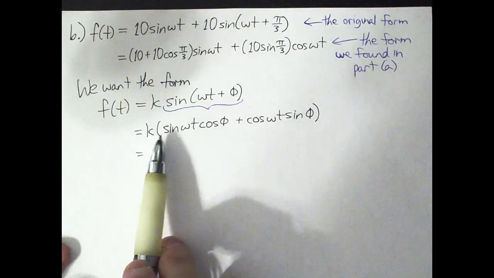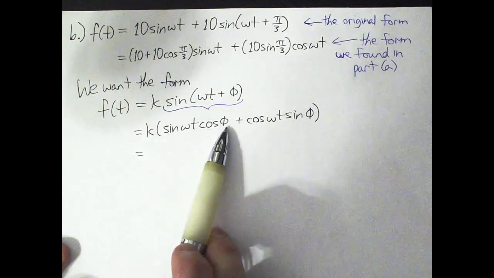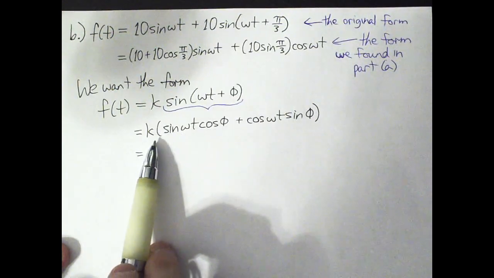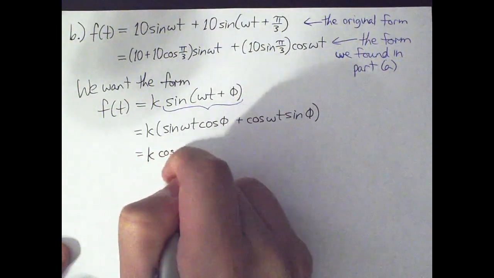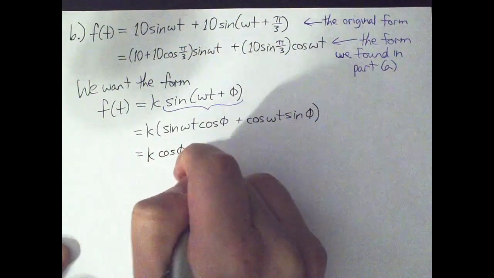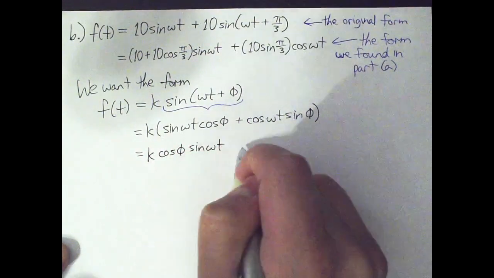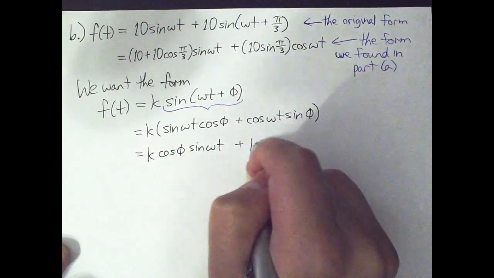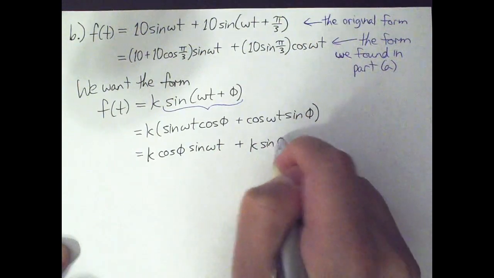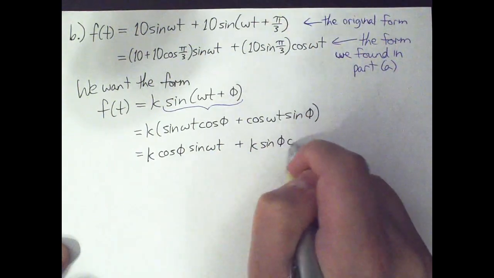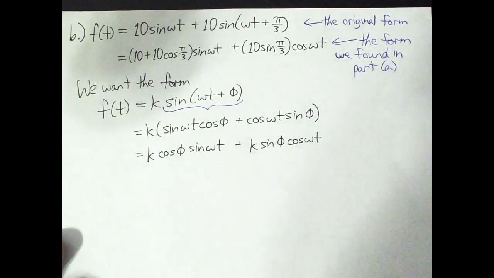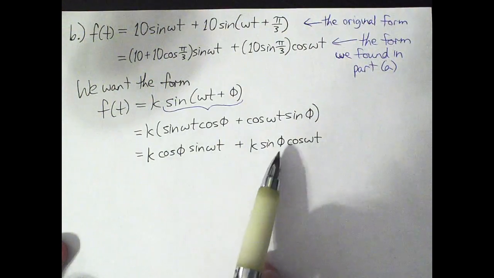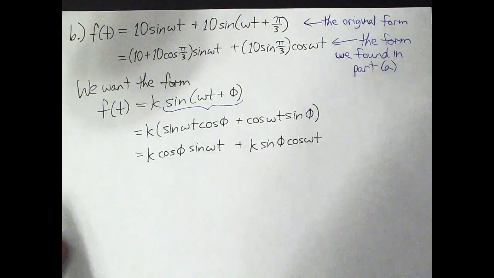Instead of k times sine of something, cosine of something, I'm going to write it as k cosine phi sine omega t plus k sine phi cosine omega t. So I distributed the k, but I also rearranged these terms a little bit.